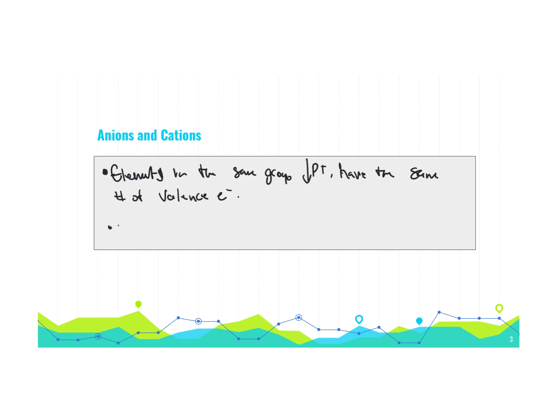And a result of that is that they tend to want to gain or lose the same number of electrons.